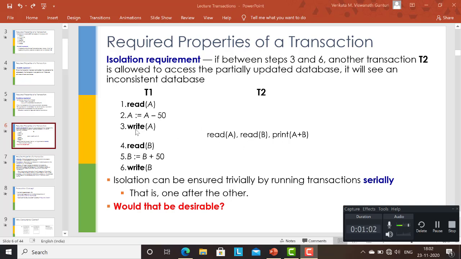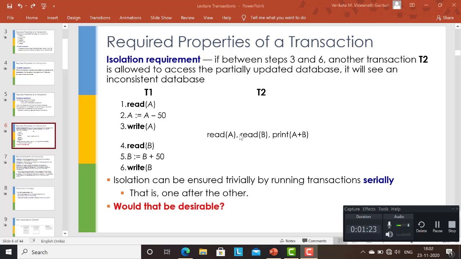Clearly these two transactions are not independent, in the sense that they are both trying to read and write the same set of data items A and B, right? If T2 was accessing completely different data items, then this is trivial, nothing special over there.